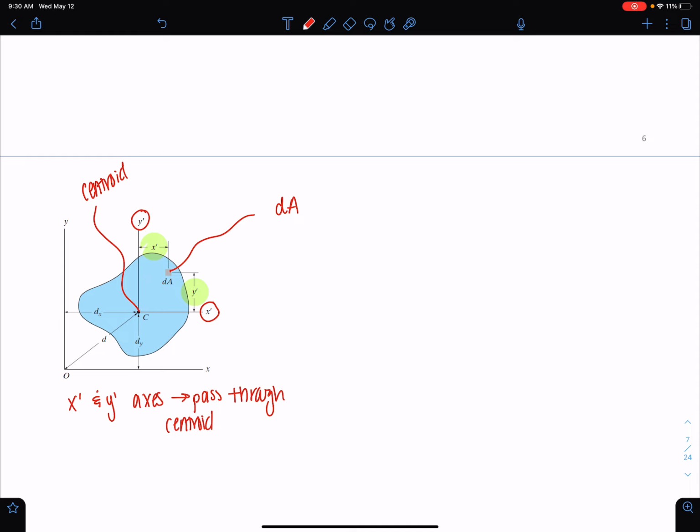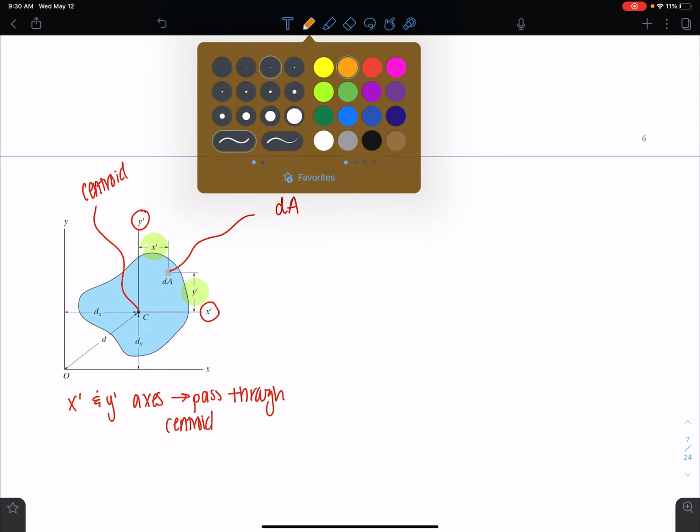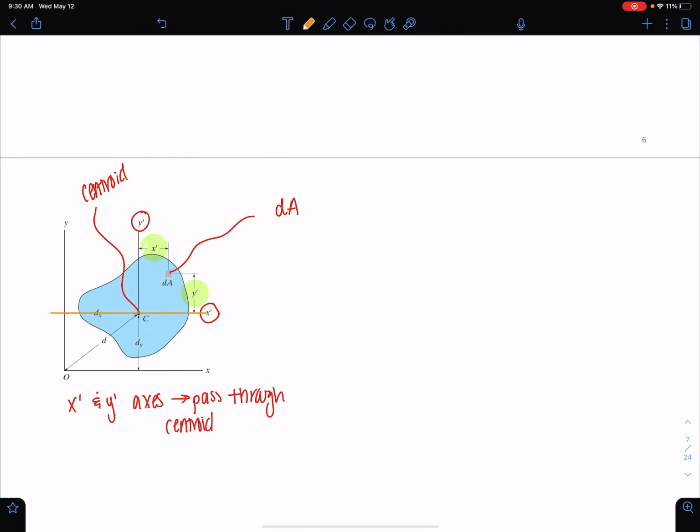Okay. If the distance between the parallel x and x prime axes, so do we see how this x prime axis, the axis that passes through the center, is parallel to the x axis, right? And the distance is dy. Here, this distance between the x and the x prime axis is dy.